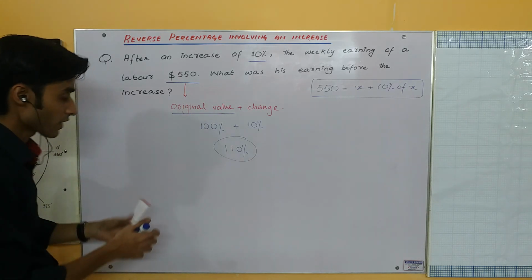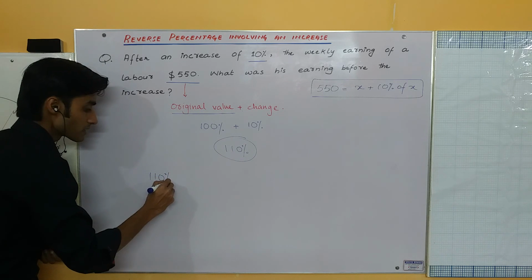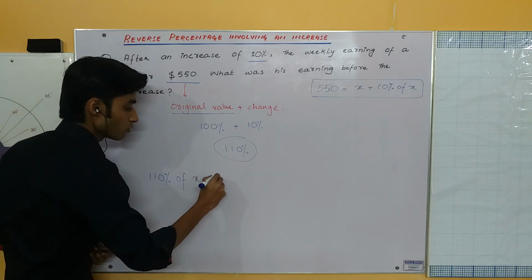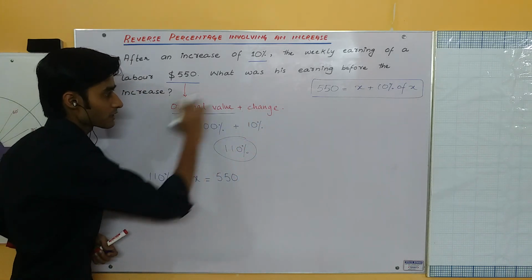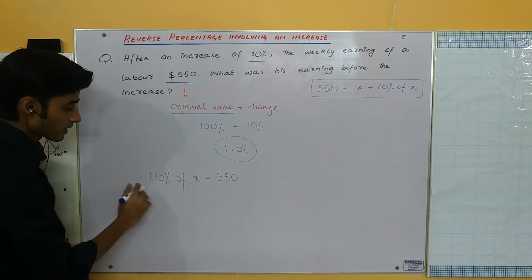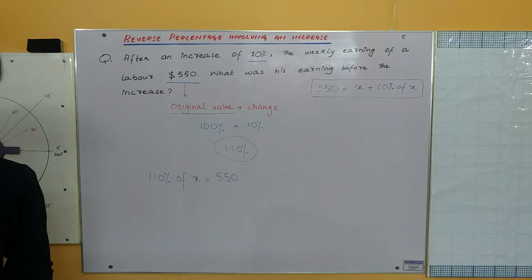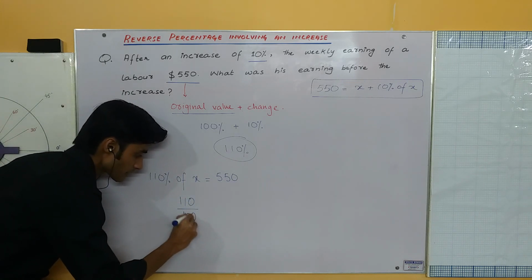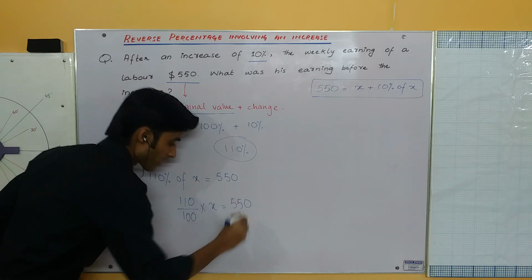I am using the formula method. So I can say 110% of x is equal to 550. This part is just to make you understand. Okay, this is the calculation part. 110% of x is equal to 550.